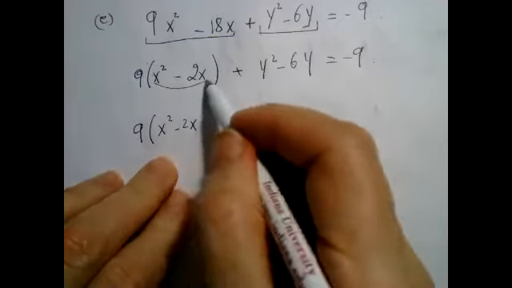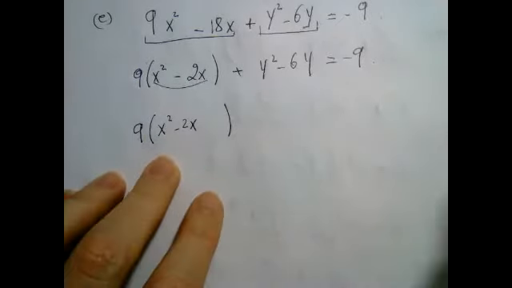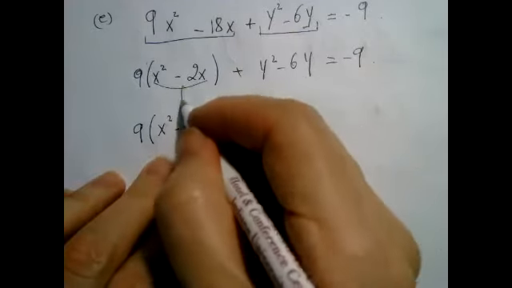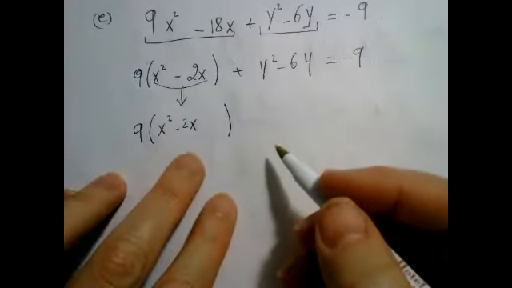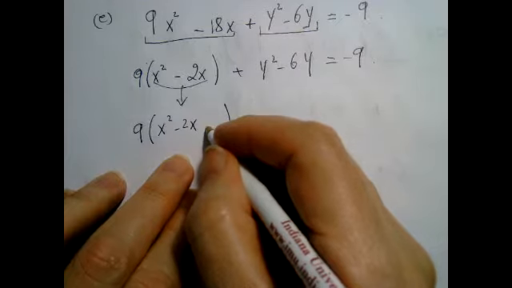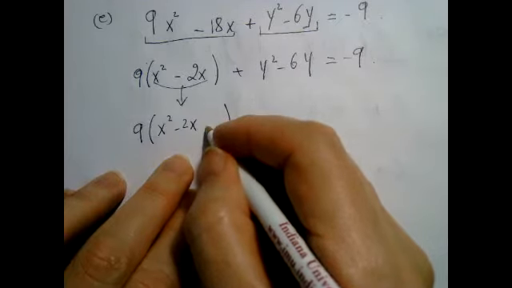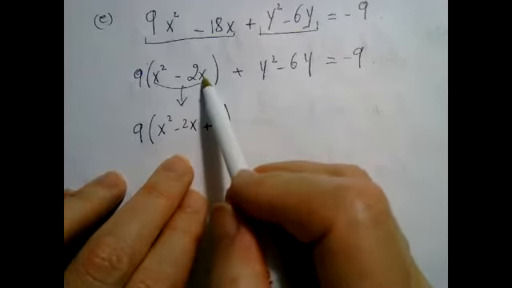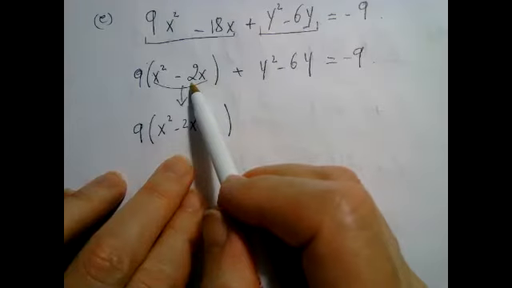How shall I complete the square here? What should I add to complete the square of this expression? Would it be plus 4? No. What is x multiplied by?